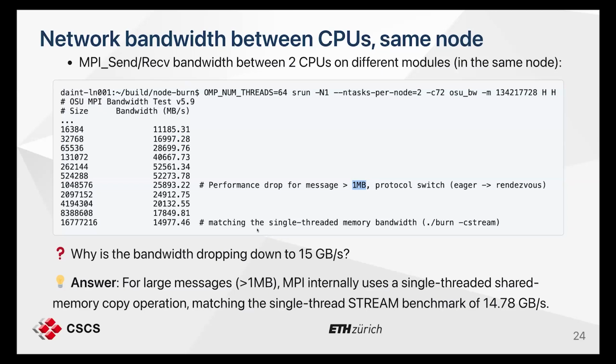Since you are on the same node, MPI switches to a shared memory copy. Why single threaded? Because normally when you do an MPI init, it will by default go single threaded. So this message copy happens with one single thread, and that's why it matches the 14 gigabytes per second that we saw with a single thread for the streaming benchmark.